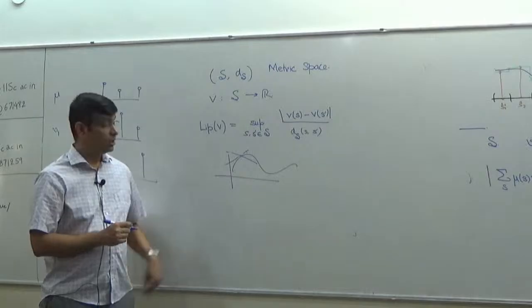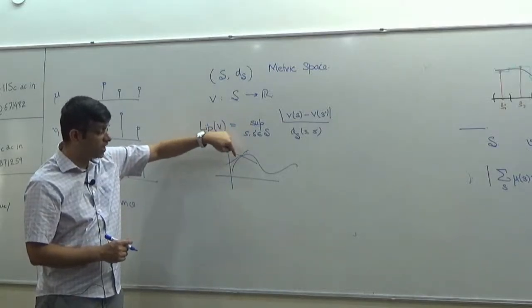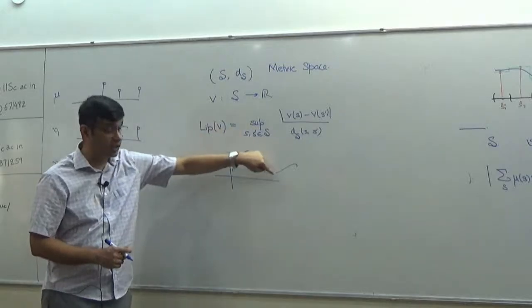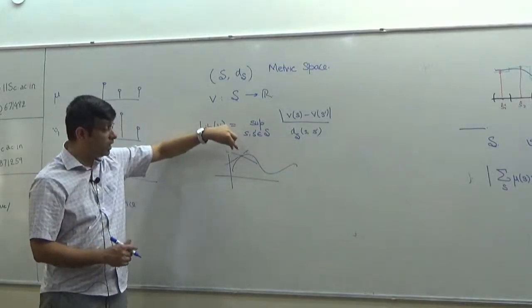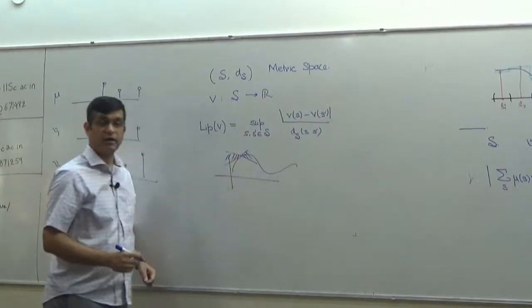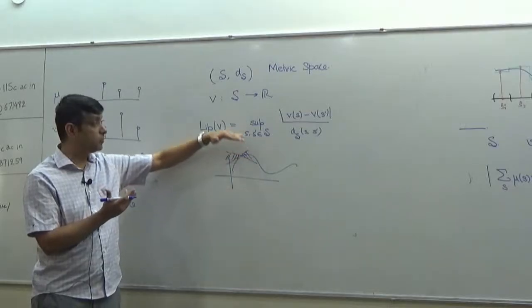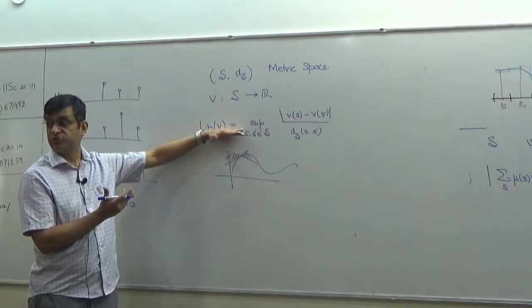If I imagine a cone with that slope and move it across the function, at every point my function stays within it. So my slope never goes beyond a maximum and a minimum slope. That maximum and minimum slope is the Lipschitz constant of the function.